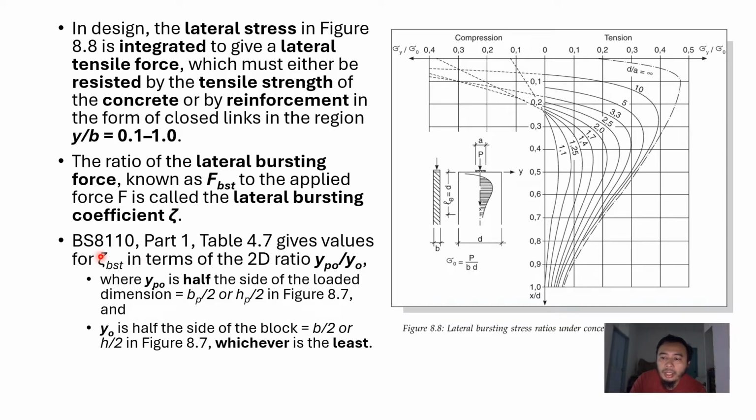In BS 8110 Part 1, Table 4.7 gives the value for the bursting coefficient in terms of a ratio YPO over YO, where YPO is half of your plate and YO is half of the block, the supporting member. Whichever is the least: if B is smaller than H, then B over 2 should be taken as YO. If BP is smaller than HP, then BP over 2 is taken as YPO.